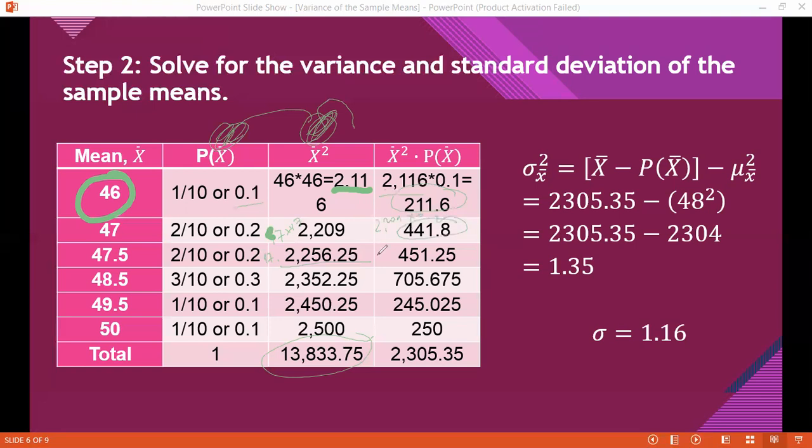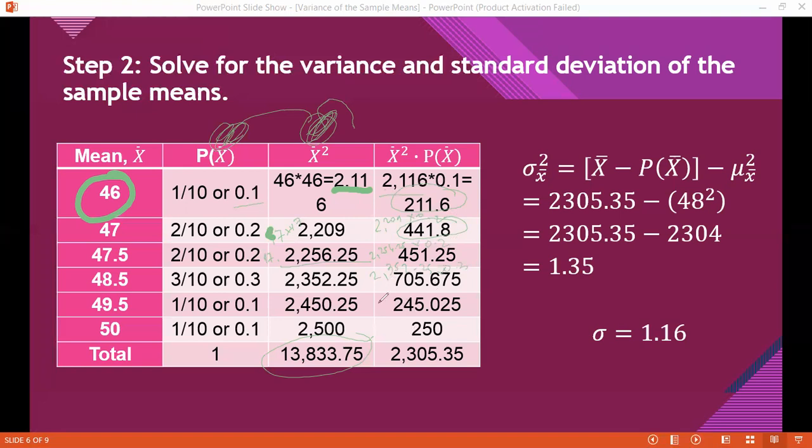Next, 2,256.25 times 0.2 equals 451.25. Next, 2,352.25 times 0.3, you have now 705.675.